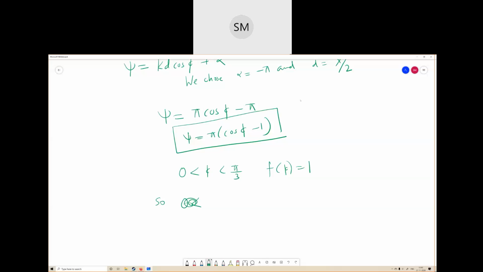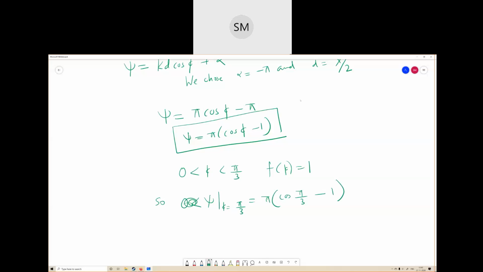This will be pi times cos of pi by 3 minus 1.